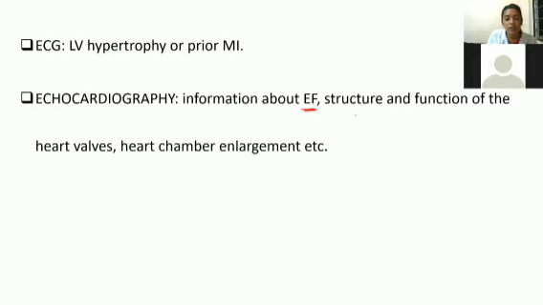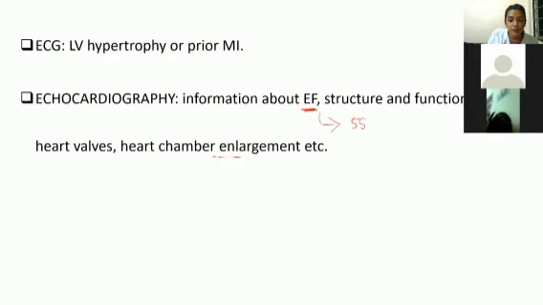Structure and function of the heart valves we can see with echocardiography. Heart chamber enlargement also we can see with echocardiography. So EF, I already said, what is the normal? 55 to 70% is the ejection fraction.